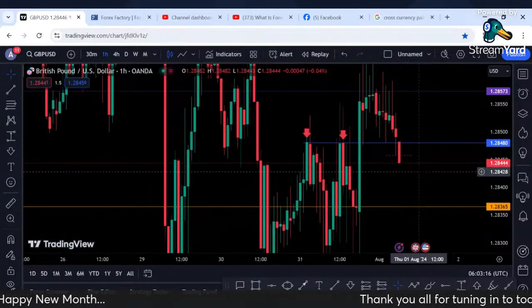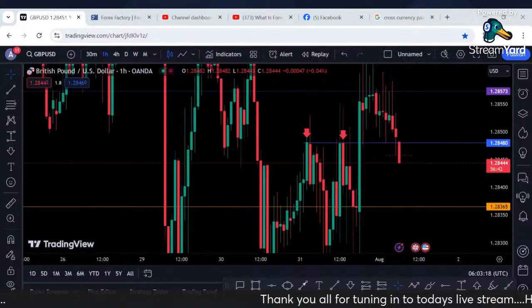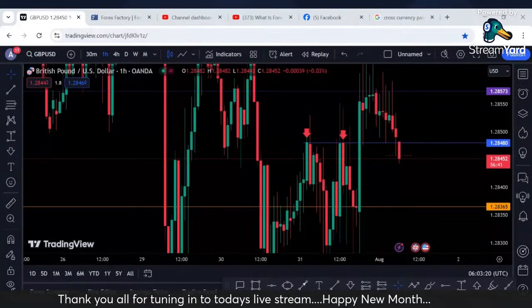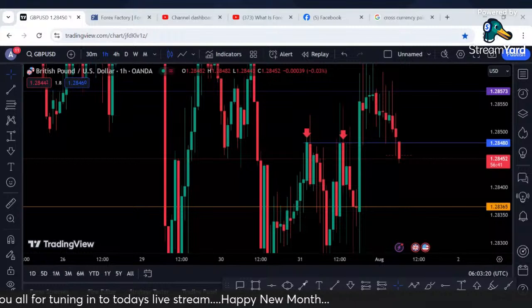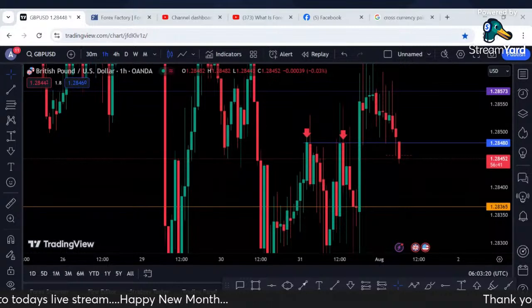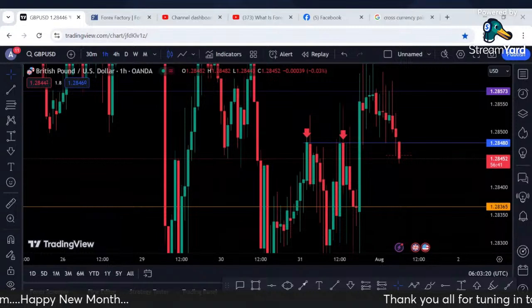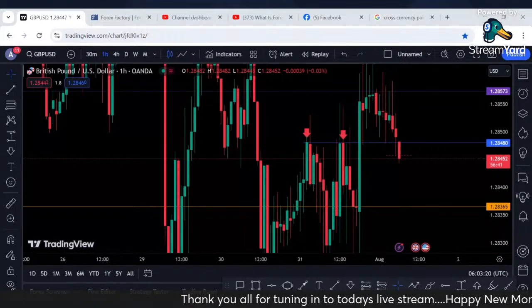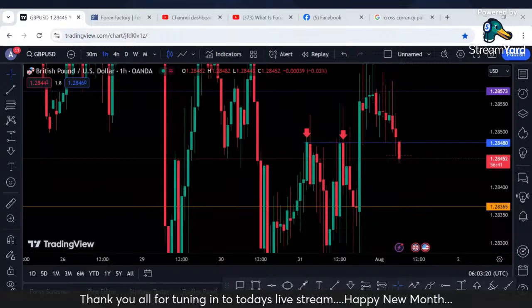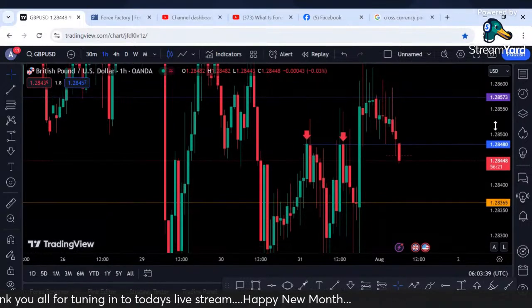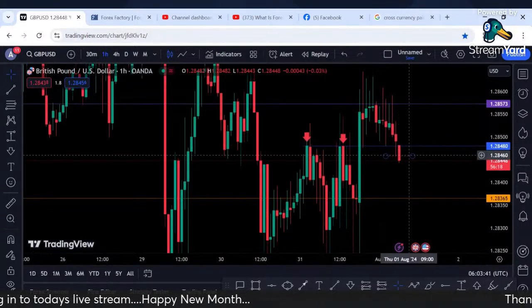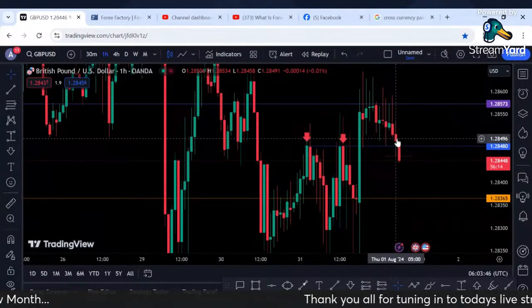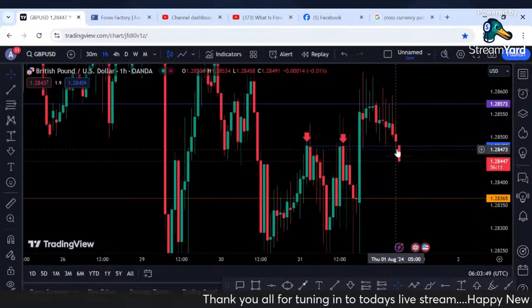So we came to the market this morning. The reason why I didn't take the sell is because I was expecting the previous H1 candle to break.